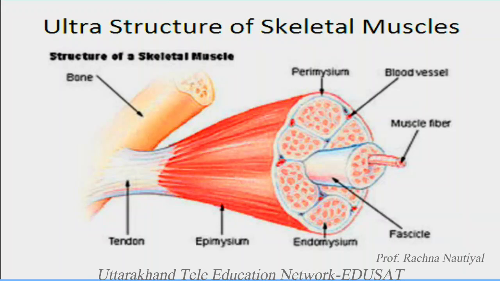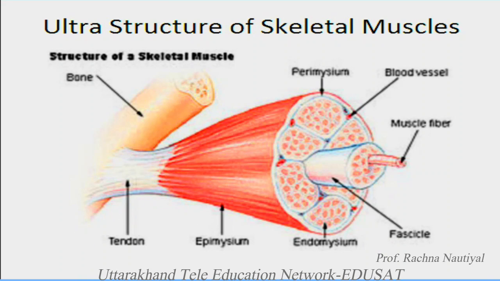So this is a basic structure of the skeletal muscle. We can see here that this is the bone, and these are the tendons through which the skeletal muscle structure is attached or joined to the bone.